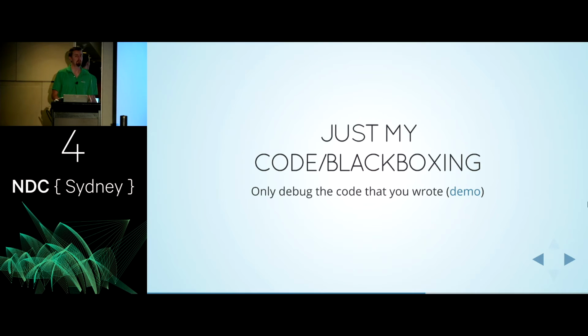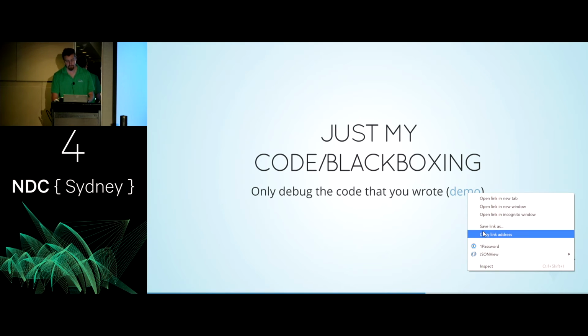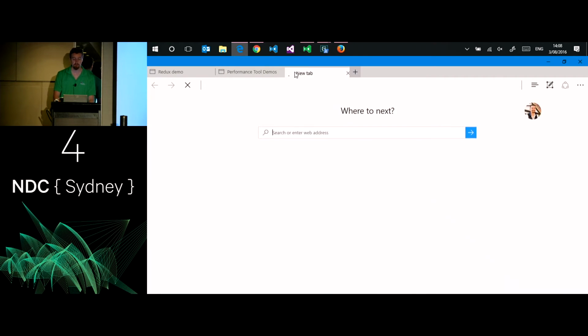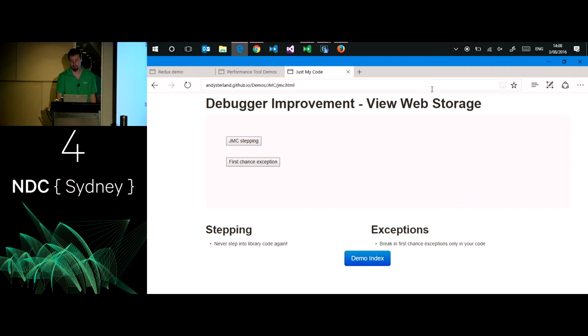Who's ever accidentally hit F11 while debugging something and stepped into the core of Angular or the core of jQuery and gone, here we go. Tried to step back out and then realized that you're stuck inside like three methods deep, and you're like, bucket F5, I'm going to start again. So just my code or black boxing, depending on which browser you're referring to, allows you to mark files as things that you don't want to debug into.